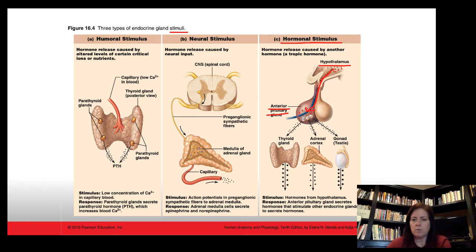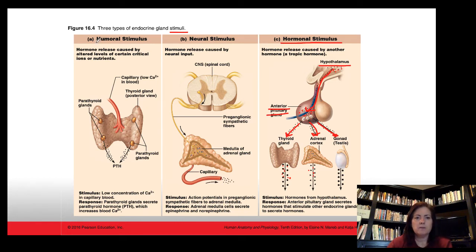Anterior pituitary hormones are going to travel to a variety of glands, so maybe the thyroid, adrenal cortex, and the gonads, and tell them to release their hormones. Okay, so in this whole cascade of hormone release, we've got various endocrine glands releasing their hormones, telling another endocrine gland to release its hormone. So that is an example of hormonal stimulus.